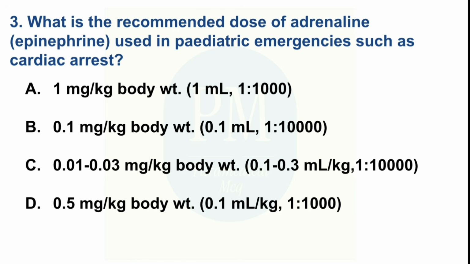Option C, 0.01 to 0.03 mg per kg body weight, 0.1 to 0.3 ml per kg, 1:10,000. Option D, 0.5 mg per kg body weight, 0.1 ml per kg, 1:1000. The correct option is option C, 0.01 to 0.03 mg per kg body weight, 0.1 to 0.3 ml per kg, 1:10,000.